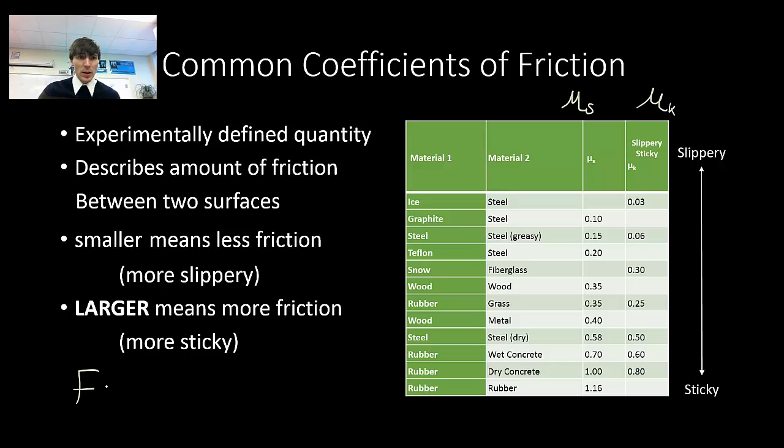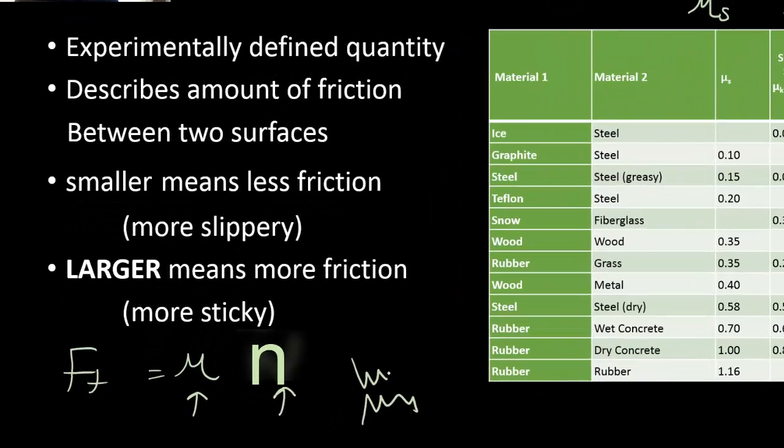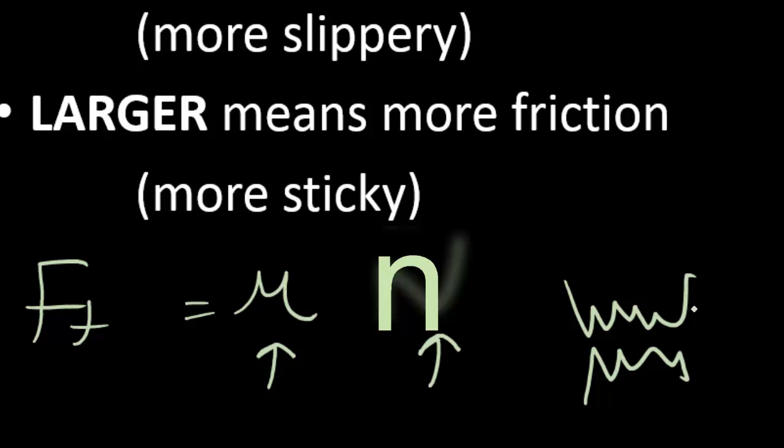Looking back at that equation, the force of friction is equal to the coefficient of friction times the normal force. Remember, friction is a result of two things: atoms scrunching from the normal force, and atoms grinding. The coefficient of friction shows the potential between those two surfaces for atoms grinding, and the normal force tells me how scrunched they are together.